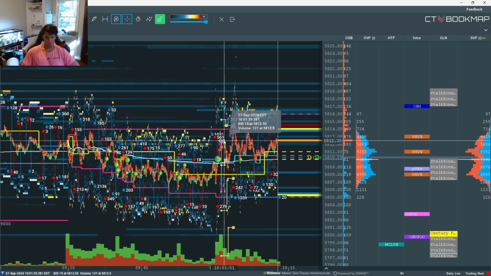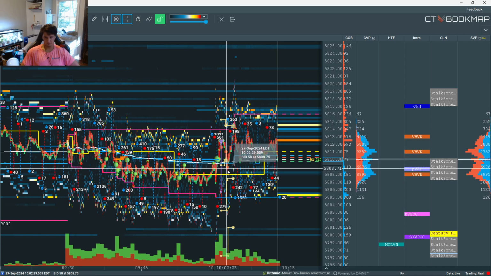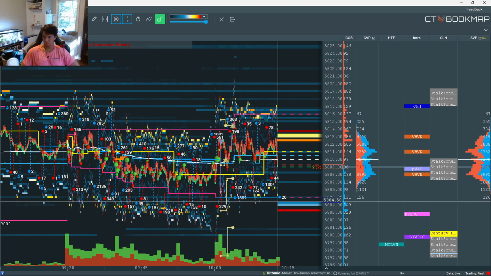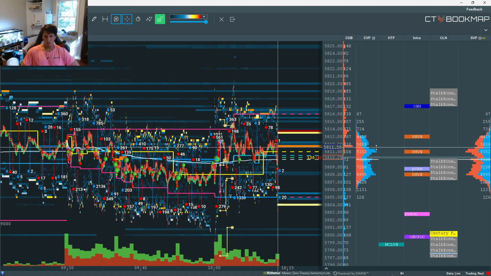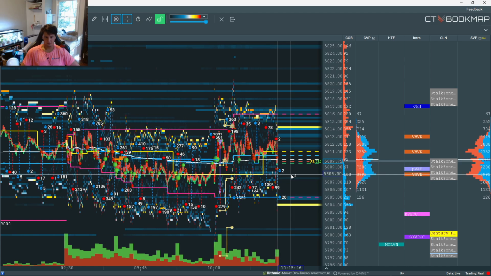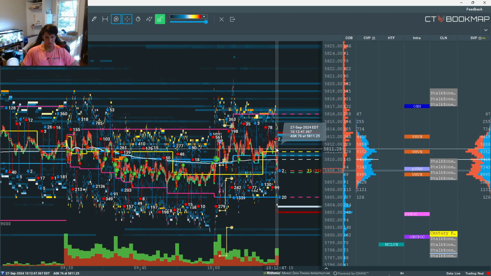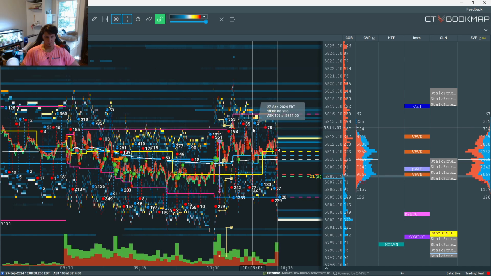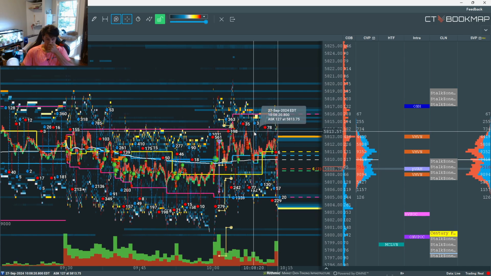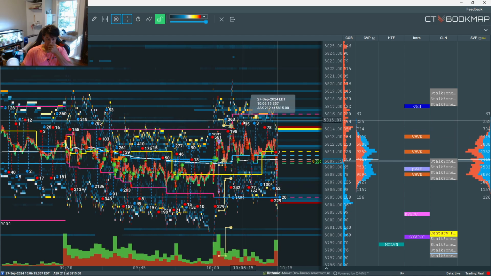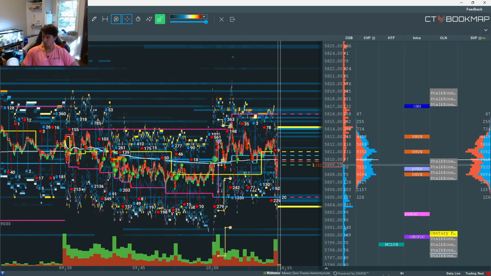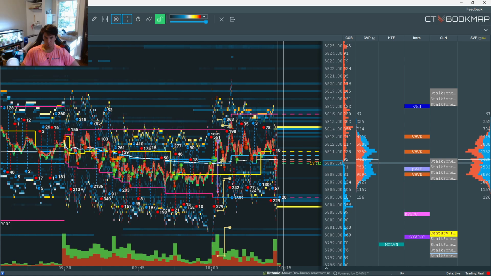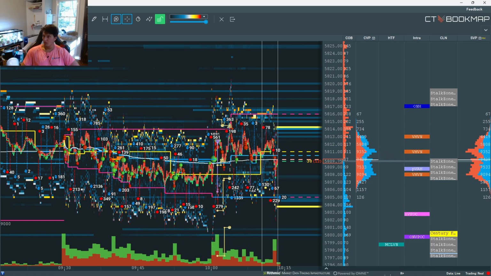So we saw the news come out, test higher, holding the VPOC. '08 area is potentially too low, but this is now too high. I'm watching here.